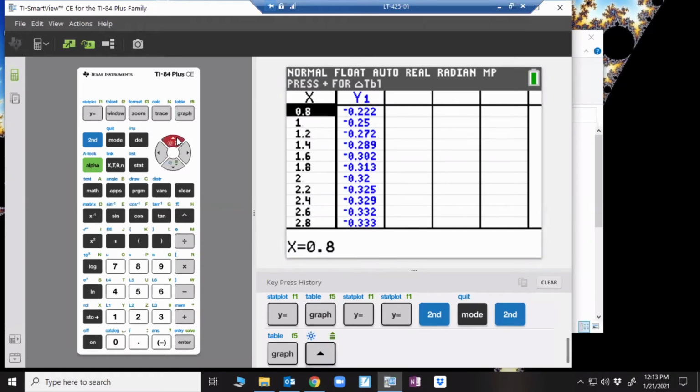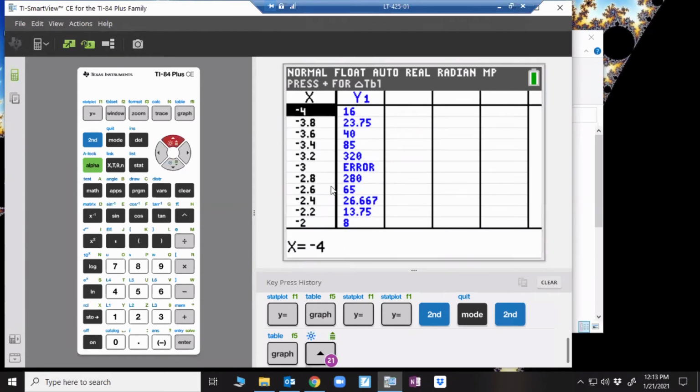So I can go up and get closer to -3. And we can see when it's actually at -3, there's an error because that's an asymptote. But as we get close to -3 from the left, it's getting to be bigger numbers. And as we get closer to -3 from the right, it's also getting bigger. So this is the calculator making that table that we were doing in the previous example for you. This is not a necessary thing to look at, but it's something that's there if you want to use it.